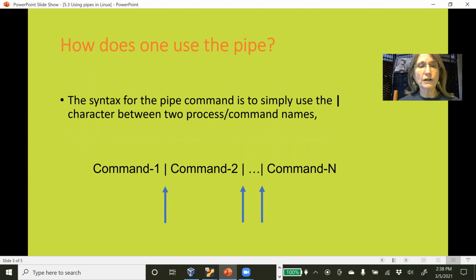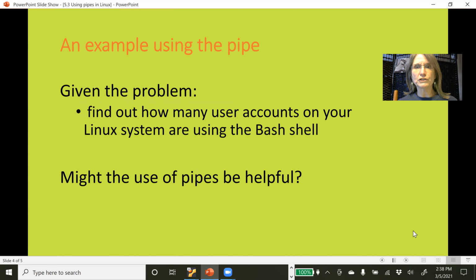And the pipe character simply separates commands, moving from the left to the right, where we will pipe the output from command 1 through the pipe into command 2, and this can go on and on and on, almost an immeasurable amount of time. Usually 3 or 4 pipe sequences is what we see.